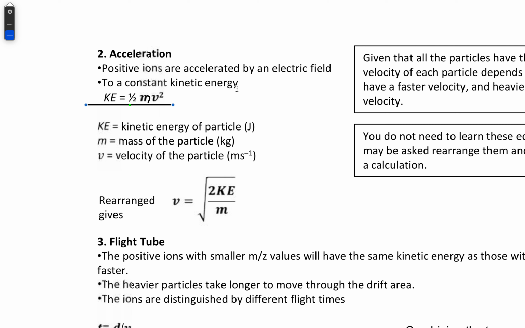So basically you just have to say, okay, K equals half times mass times velocity squared. Then you rearrange it into velocity equals the square root of 2 times K_E divided by m. Most probably they will ask you to rearrange it into this equation, so just remember this one: v equals the square root of 2K_E over m.